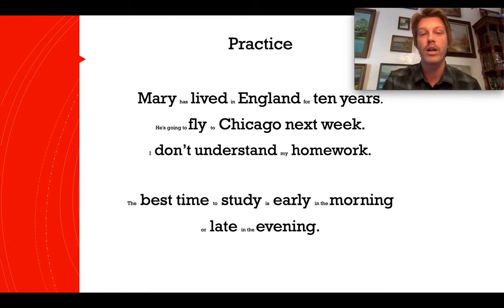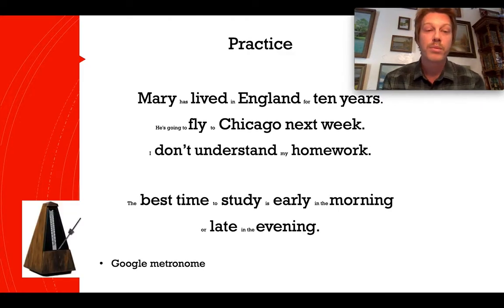So here we have 1, 2, 3, 4, 5, 6, 7 really important words. And really, I can say just these words and you understand the sentence. Best, time, study, early morning, late evening. It's not a really great sentence, but it communicates the main idea. So, it's the best time to study is early in the morning or late in the evening.